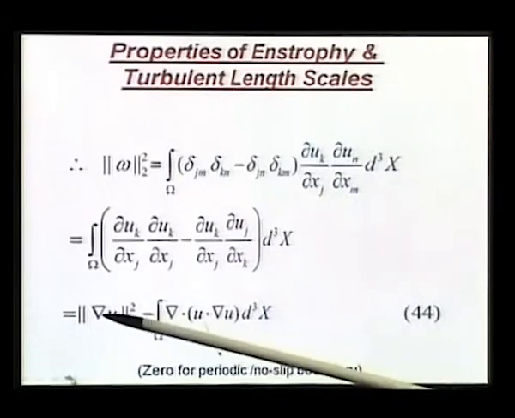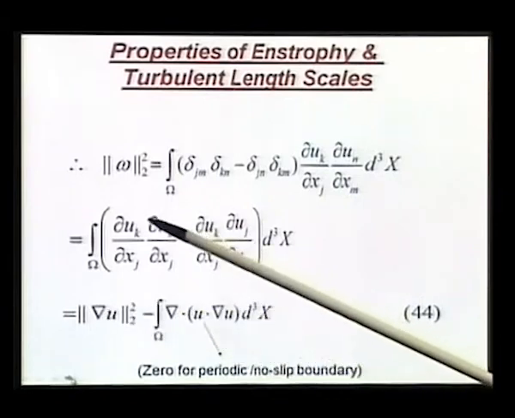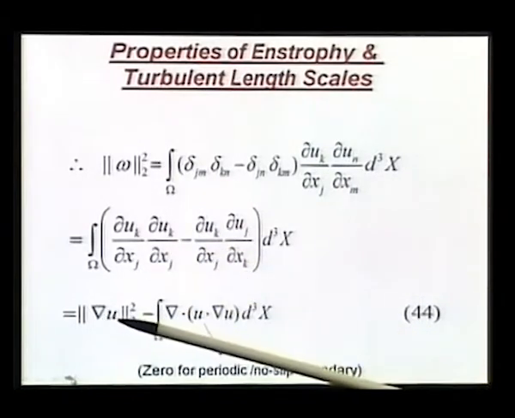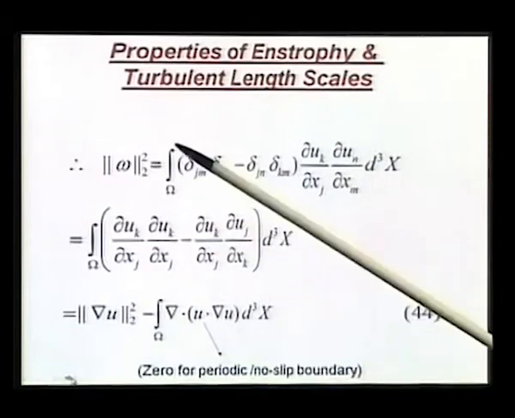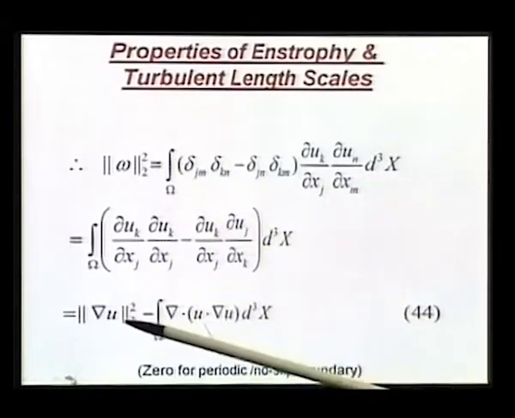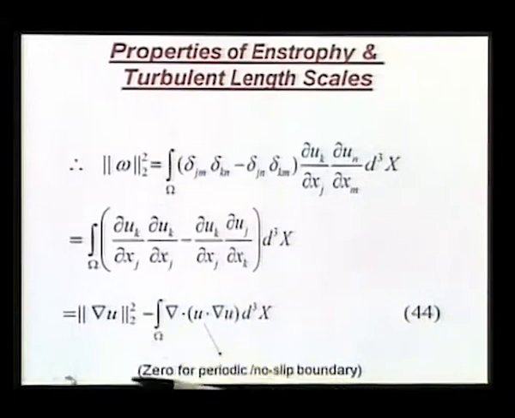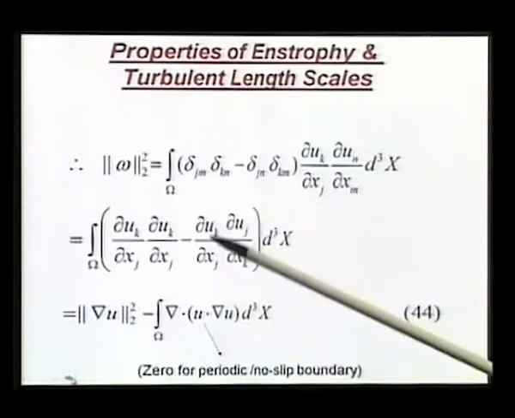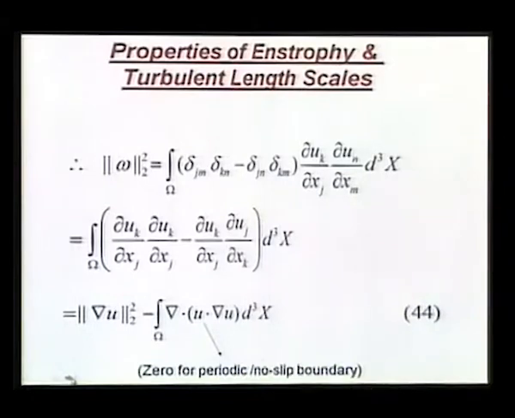So, this is basically two sets of terms. This is nothing but the gradient u squared. So, what you find is that entropy is related to the gradient of the velocity field, that norm. The term that comes from the second set is going to be 0 if you are talking about a periodic problem, or if you incorporate a no slip boundary condition, which will make that second term equal to 0.